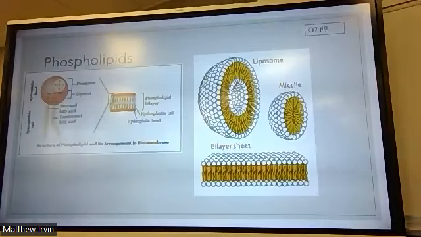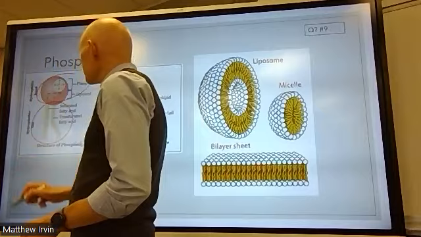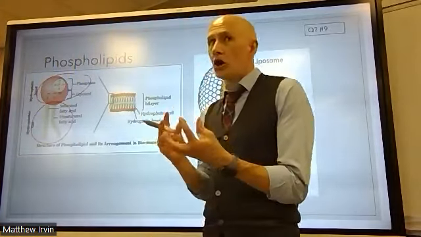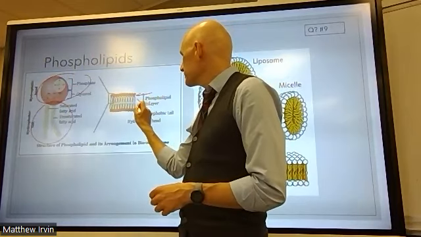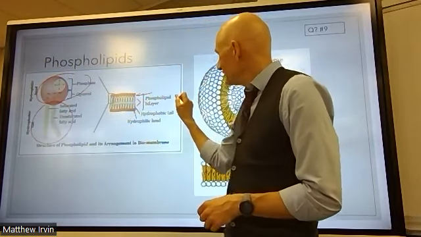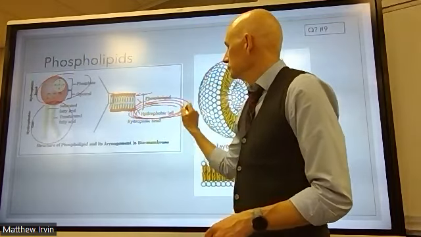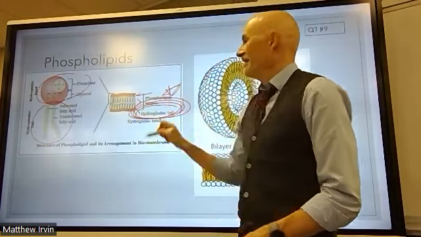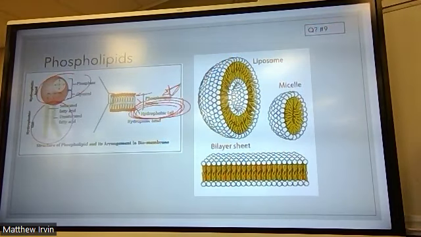All right, okay, moving on to phospholipids. We already talked about those. We know we've got a hydrophilic head, hydrophobic tails. So when they are all put together, the heads line up together, the tails line up together, and it is this hydrophobic tail layer that makes the barrier that makes a cell a cell.